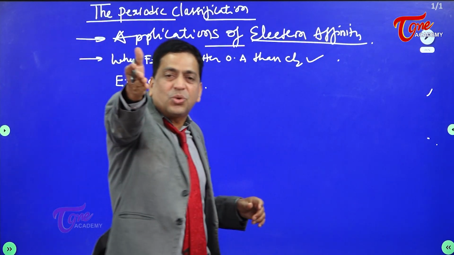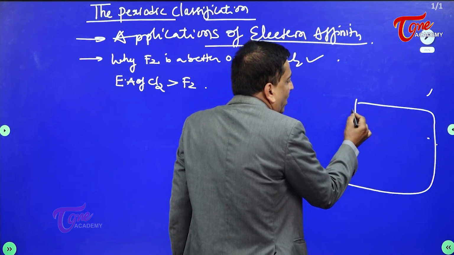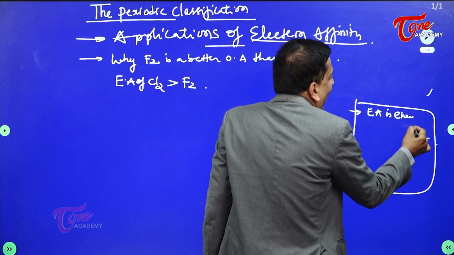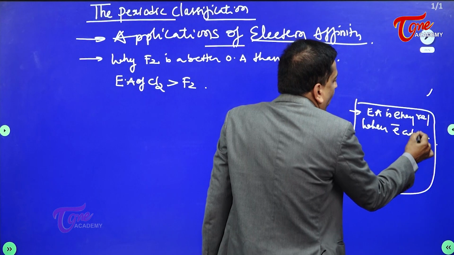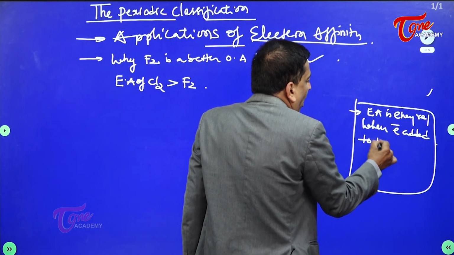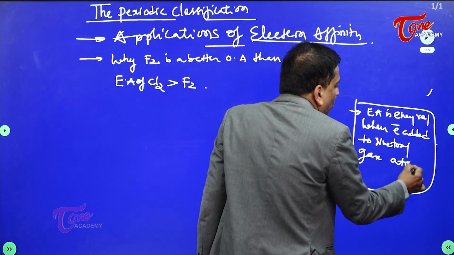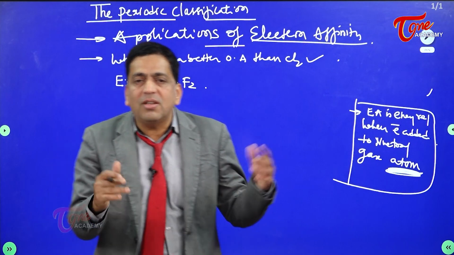But I wanted students to recollect what is electron affinity. Electron affinity is the energy released when an electron is added to a neutral gaseous atom. I'm underlining here: neutral gaseous atoms.